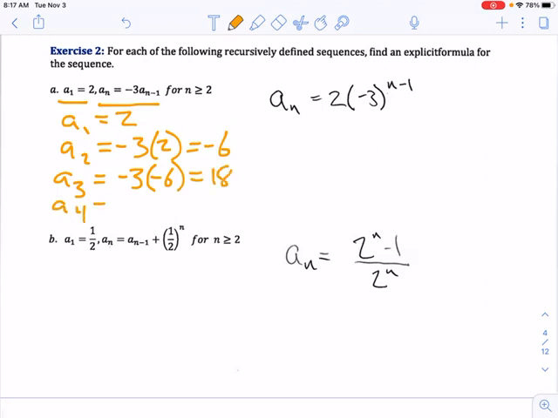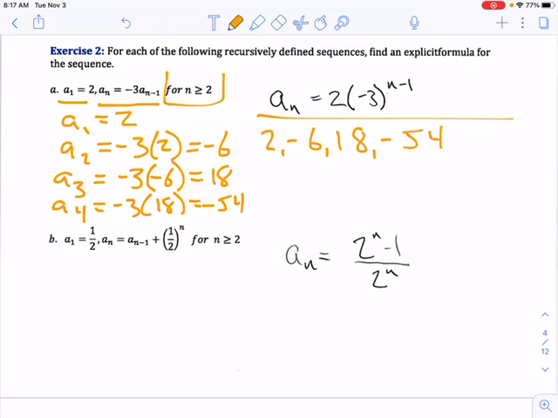A sub 4 is negative 3 times 18, which is negative 54. Okay, so we now have the terms of the sequence. So we have 2, negative 6, 18, negative 54.